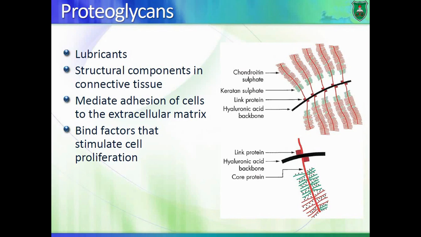This one here, the red long line, represents the protein component, making this structure of proteoglycan. So this is again a zoom in. Chondroitin sulfate, keratan sulfate, core protein, and they are connected to a backbone like hyaluronic acid, making a very complicated structure, as you can see in here.